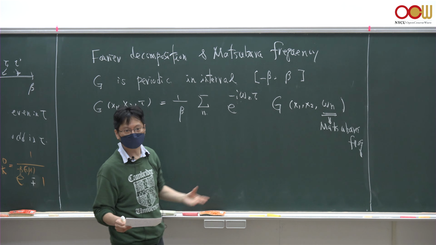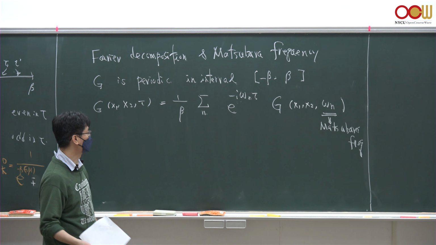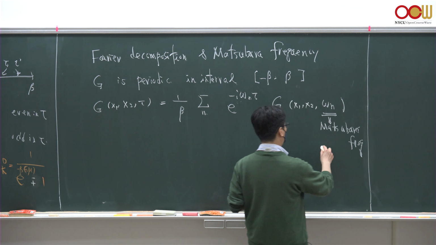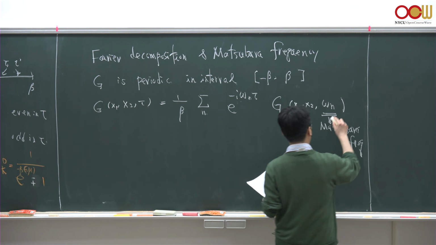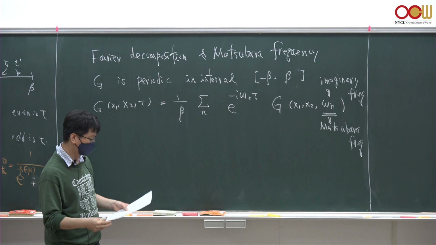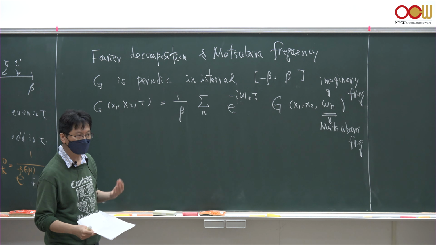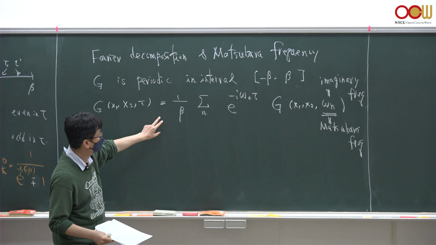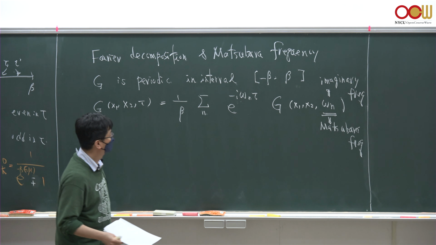So you can consider this as imaginary frequency. You'll see later that the Matsubara frequency is related to the real frequency by analytic continuation, which is a common trick in complex analysis. We will talk about that analytic continuation in just a moment.